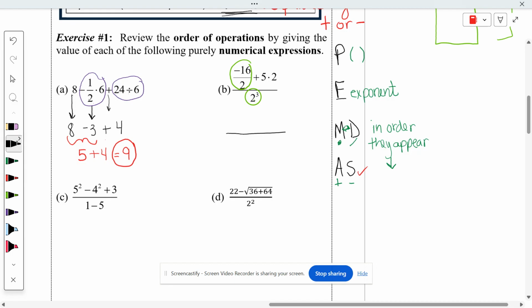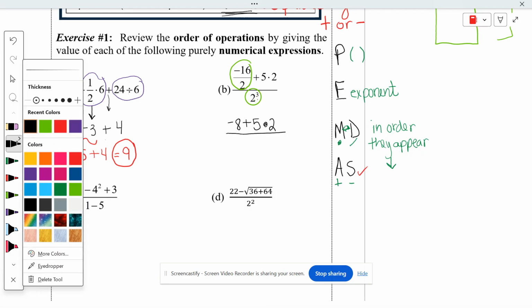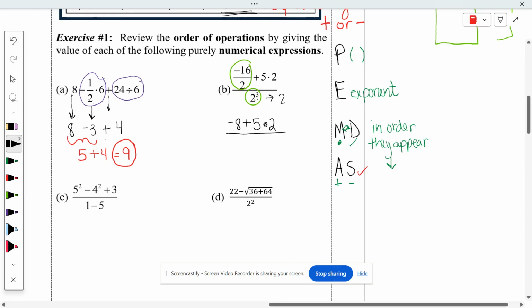Negative 16 divided by 2 is negative 8. So I have negative 8 plus 5 times 2 to the power of 3. That's the same thing as 2 times 2 times 2, which is 4 times 2, or 8.